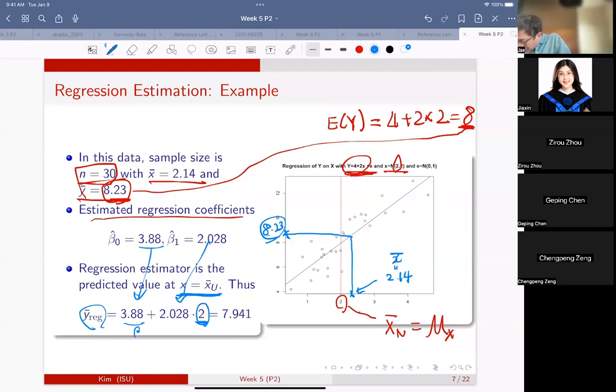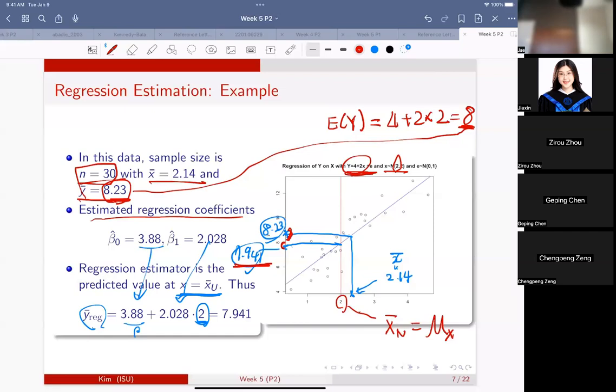If I use that, the regression estimator shows 7.941. Well, you may say that your regression estimator also has error. Of course, I'm not saying the regression estimator is perfect. What I'm saying is that the regression estimator has a smaller error than the sample mean, which has a sampling error.